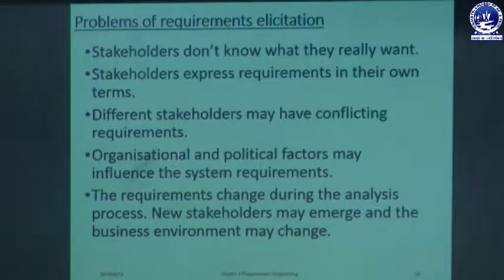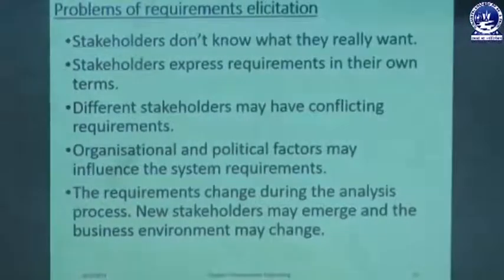And different stakeholders may have conflicting requirements. For example, suppose we have a grading system where we can put the student's marks, and that software will calculate the CGPA or the percentage. So we first know what my user actually wants. My user wants his percentage or his CGPA.